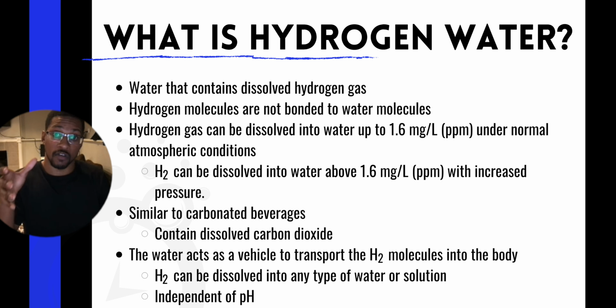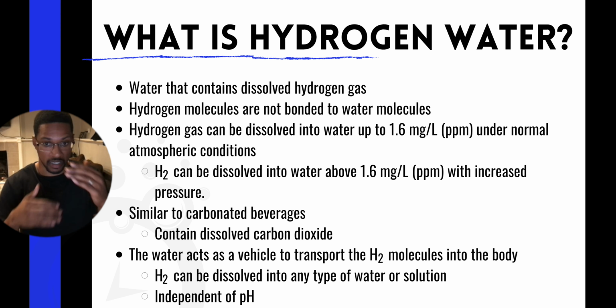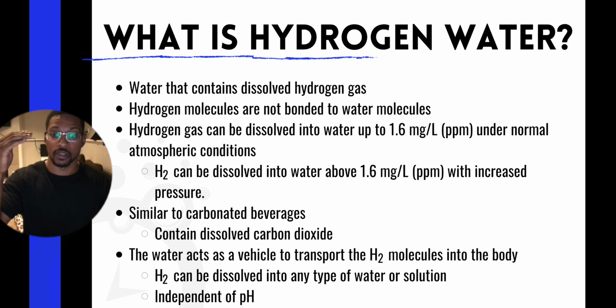But you can actually dissolve hydrogen gas in water above 1.6 milligrams per liter by increasing the pressure. So if you can increase the partial pressure, or PSI, by dissolving hydrogen gas under pressure, like 20 PSI or something like that, you can increase the actual H2 concentration to 2 ppm. This would be called supersaturation.